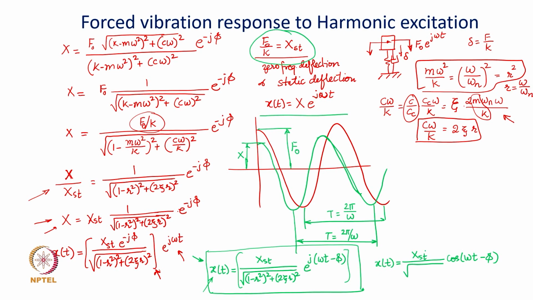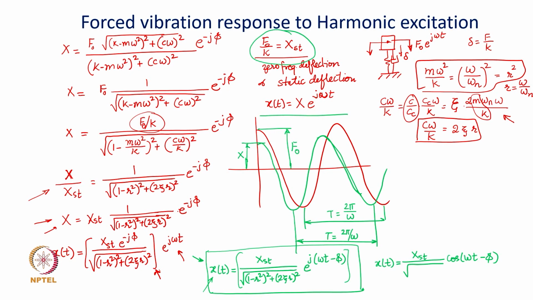Now, there are a few things which will be clarified shortly. This is definitely not the total response. Keep that in mind, because we have solved this equation for the right hand side forcing function.